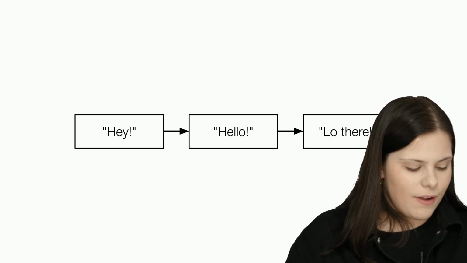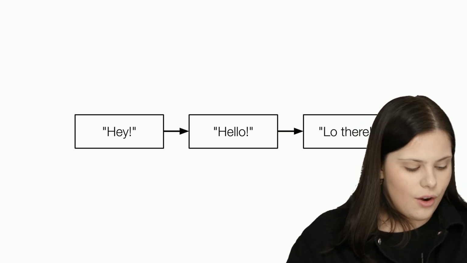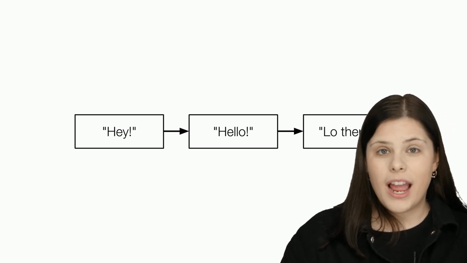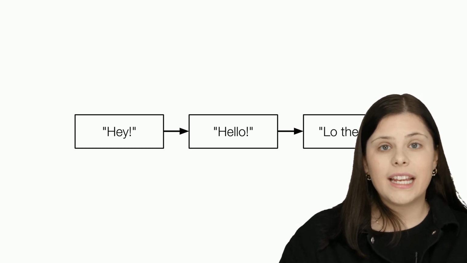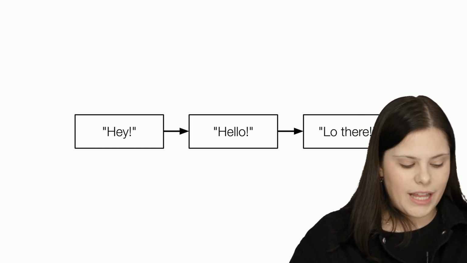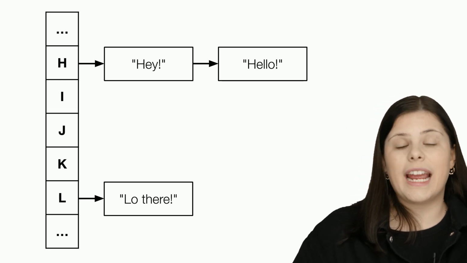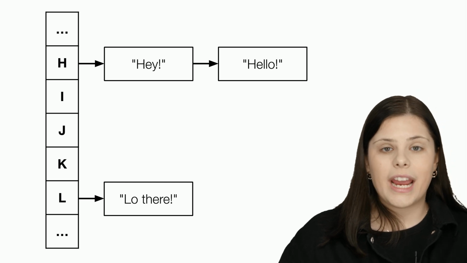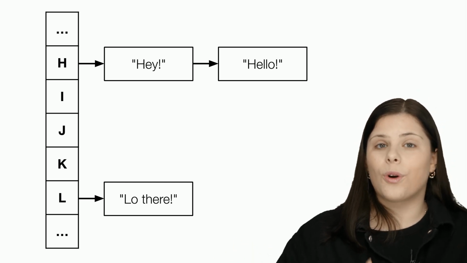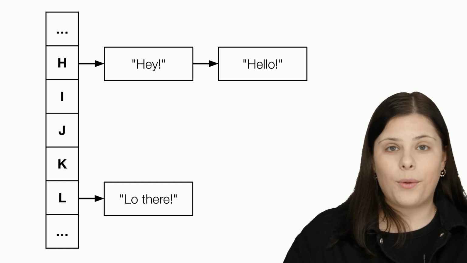But say, for example, if I wanted to look up hello or hello there, it will take me some time to go through each of those components in the linked list looking for that element. And this is where hash functions or hash tables come in. They allow us to create some more space and some more organization to search elements in a better way.